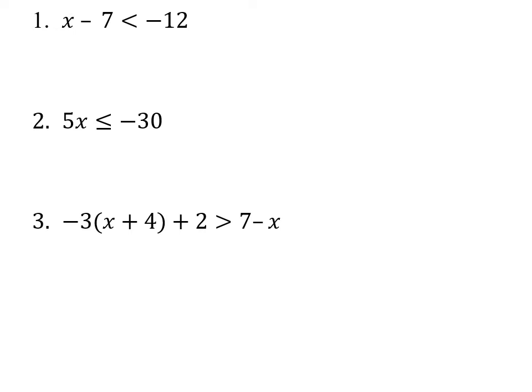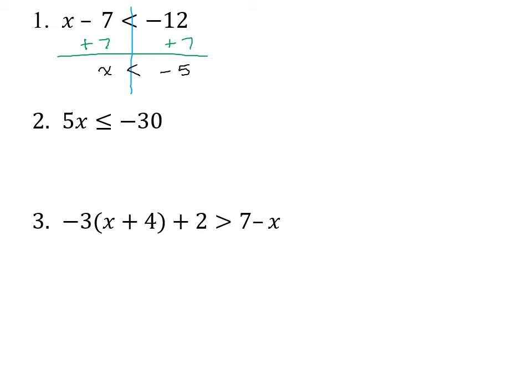In this first one, I can add the 7 to both sides. And your less than would be treated just like your equal to. So if you want to draw a line through that, like what we were doing in the last video, you are welcome to do that. And you'll end up with x is less than negative 7 plus 12, which would be negative 5.